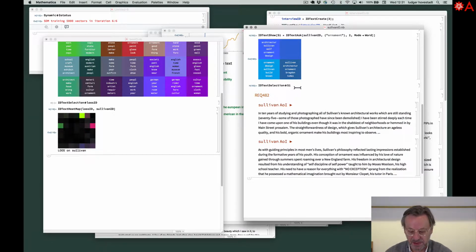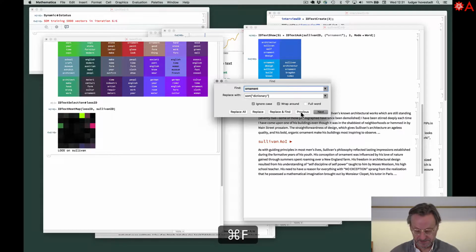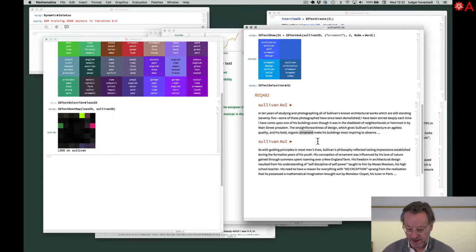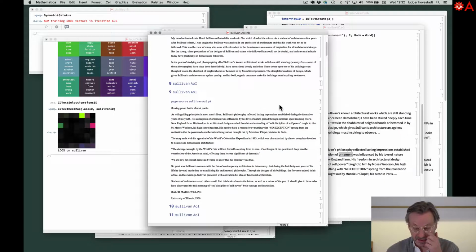And there should be this word ornament. That's okay. But it looks like here his ornament was influenced by his love of nature. Let's check where it is.